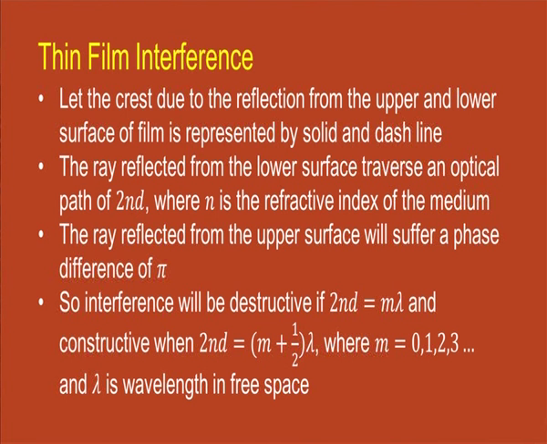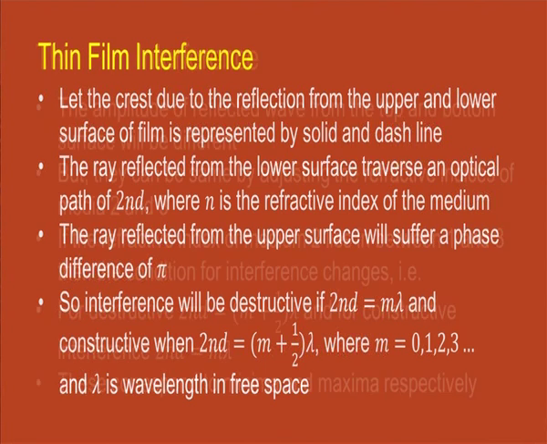The ray reflected from the upper surface will suffer a phase difference of pi. So, interference will be destructive if 2nd is equal to m lambda, and it will be constructive if 2nd is equal to (m plus half) lambda, where m is an integer 0, 1, 2, 3 and so on, and lambda is the wavelength in free space.